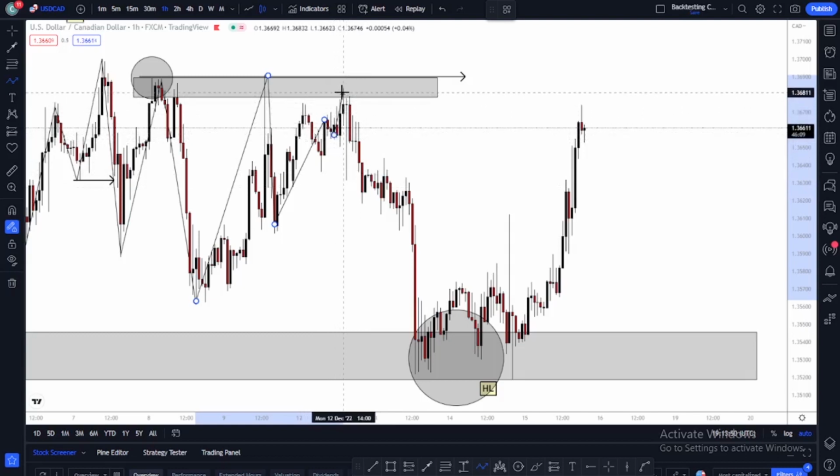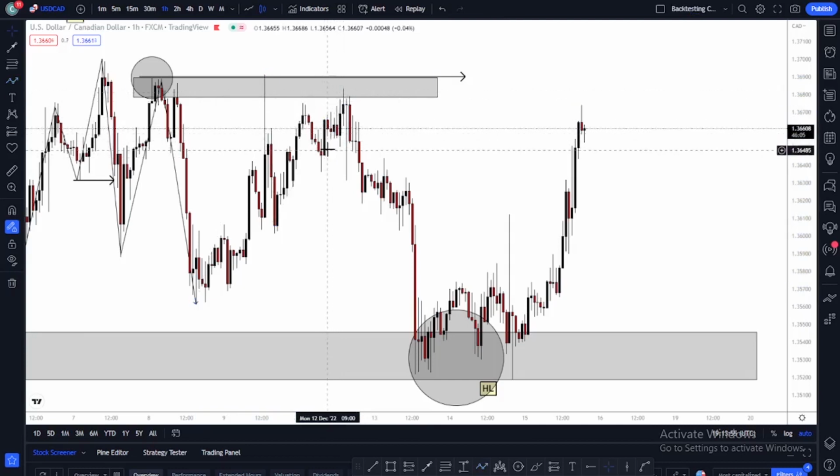So when price managed to get into that zone, what did it do? It rejected. You see this rejection right here, meaning price has given us two rejections, building up our confidence that price is still going to drop.